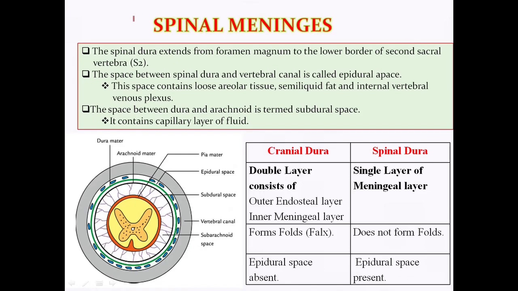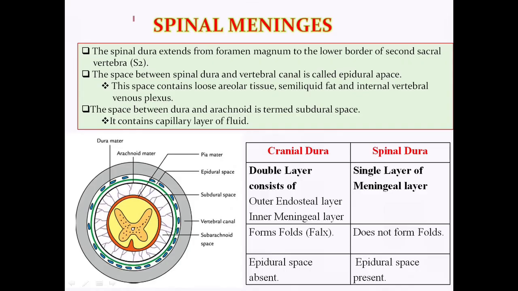So in the cranial dura you might have encountered the term dural venous sinuses, with the Falx Cerebri and Falx Cerebelli. All these enclose the superior sagittal and inferior sagittal sinuses. All the sinuses pass between the two layers, the outer endosteal and inner meningeal layer.